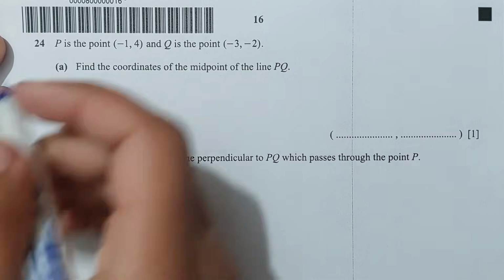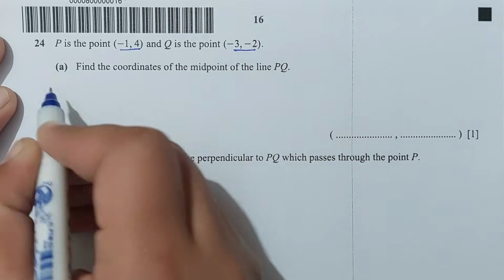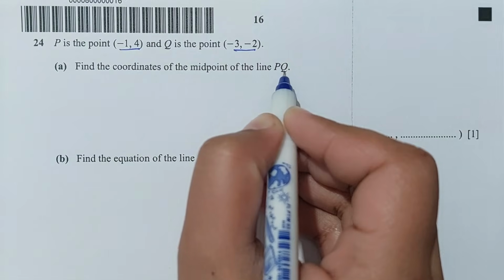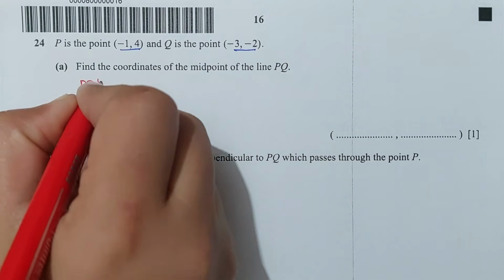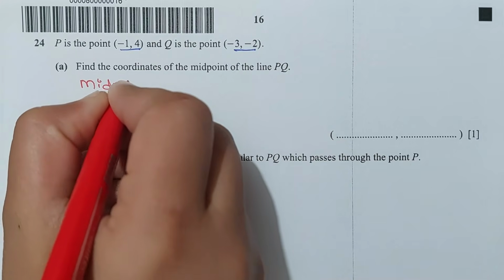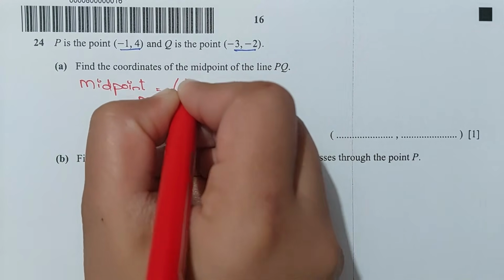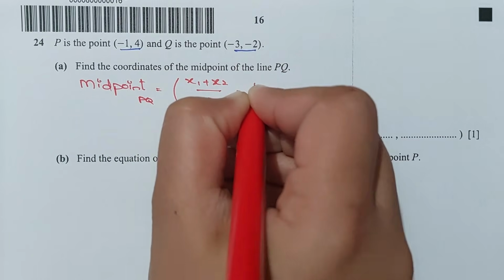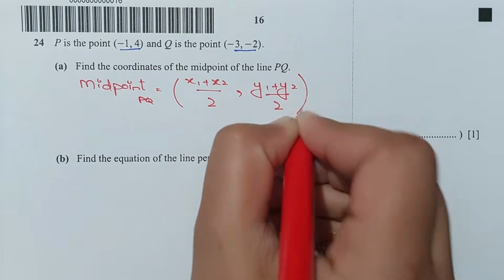Question number 24. P is a point and Q is a point. Part A, find the coordinates of the midpoint of line PQ. Okay, use the formula for midpoint. Midpoint of PQ is adding the x components and dividing by 2, and adding the y components and dividing by 2.